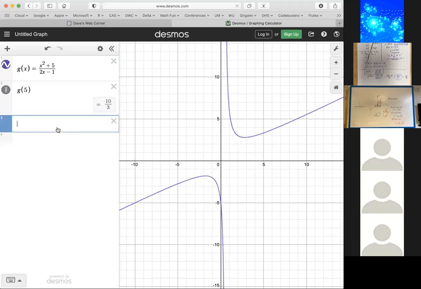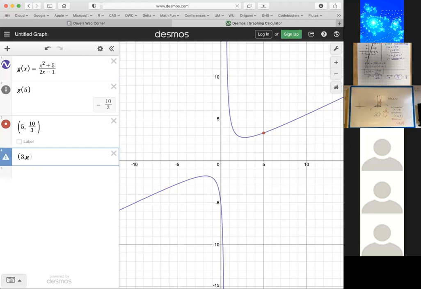How about if I did it this way? Let's type in (5, 10/3). Desmos puts a red dot right there. Let's type in 3. And I don't have time to put the 3 into the formula.